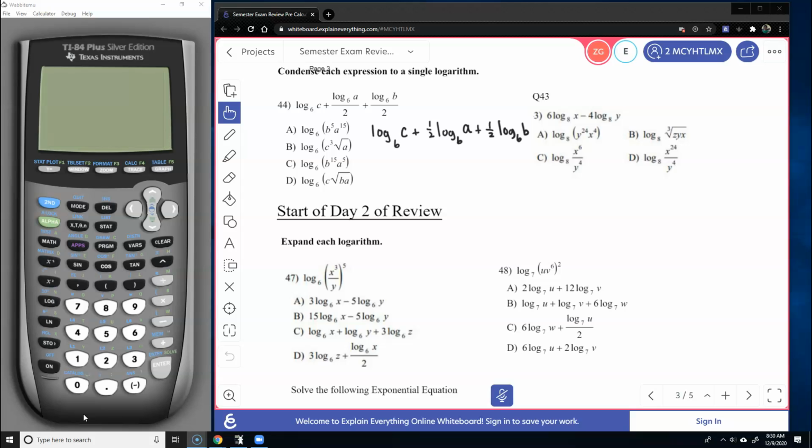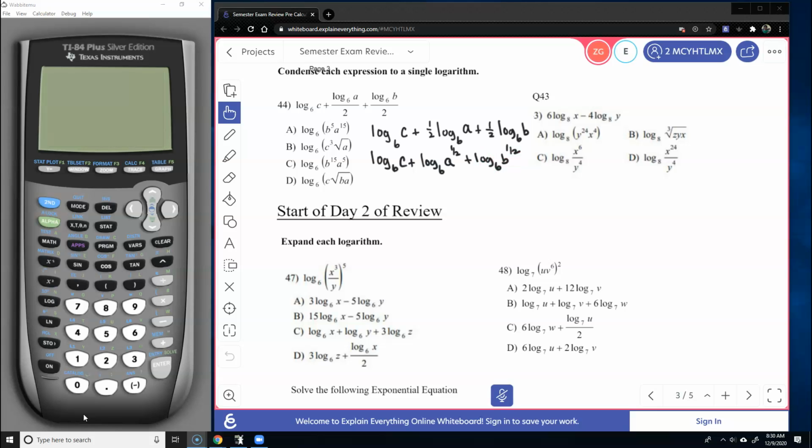Remember that the 1/2 can be raised as a power. So you have log base 6 of c plus log base 6 of a raised to the 1/2 plus log base 6 of b to the 1/2.